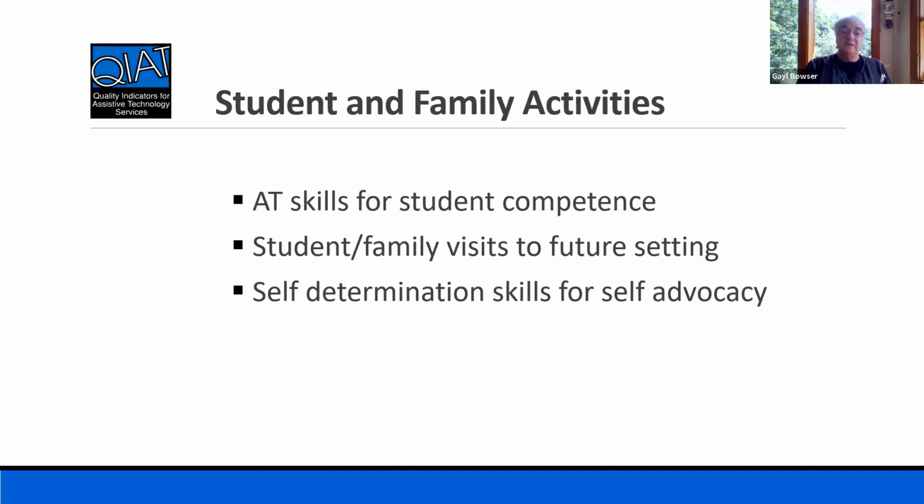In order to think about that more carefully, students and their families need to visit future settings and figure out what that environment is going to be like and how much help they really will get. And they need to develop as much as possible self-determination skills for their own self-advocacy.